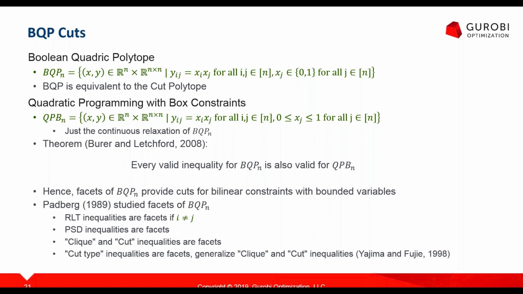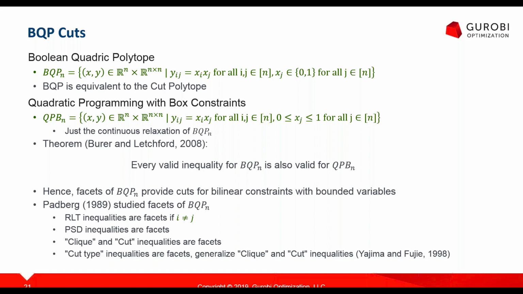So Manfred Padberg studied those facets of the Boolean quadratic polytope starting in 1989, and he has written a large number of interesting papers on this. And some of the facets that exist for this polytope are the RLT inequalities that we have seen before. Then there is a group of facets that is called PSD inequalities. So this comes from positive semi-definiteness of some object.